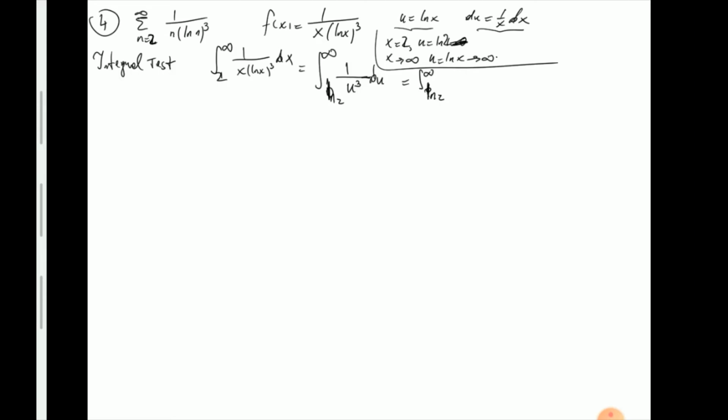So the integral from ln of 2 to infinity, 1 over u cubed, which is u to the minus 3 du, and then u to the minus 3 plus 1 over minus 3 plus 1 is the antiderivative from ln of 2 to infinity. The first piece, when you plug in infinity, is actually the limit as u goes to infinity. Let's write that down differently.